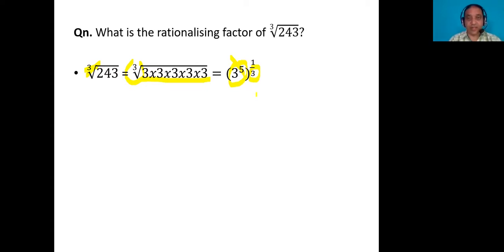So this can be only if there are six 3's. We are having five 3's here, but we should have one more 3. Then only there will be six 3's. So under the cube root, there should be six 3's. You understood?